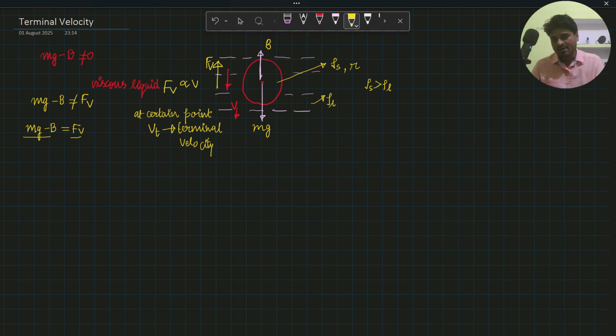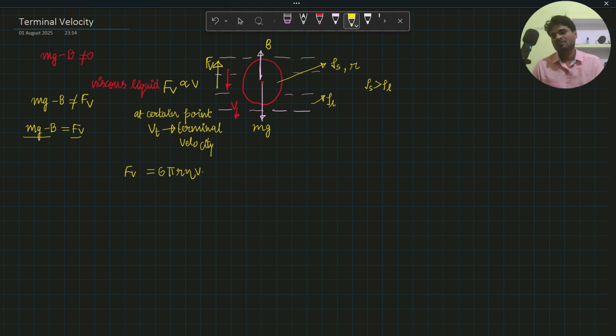This viscous force was measured, and its value was 6 pi r eta v, with velocity v.